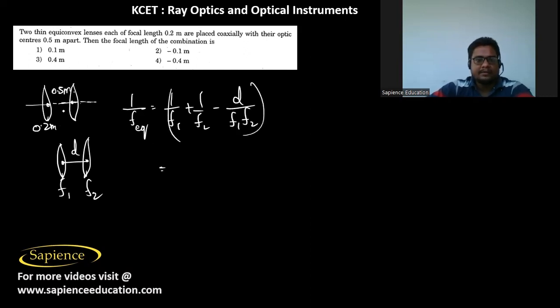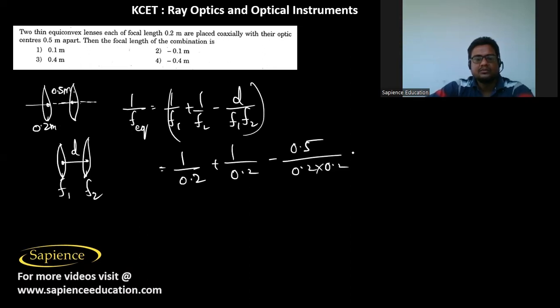So here also it is 1 by 0.2 meter plus 1 by 0.2 meter minus 0.5 by 0.2 into 0.2.